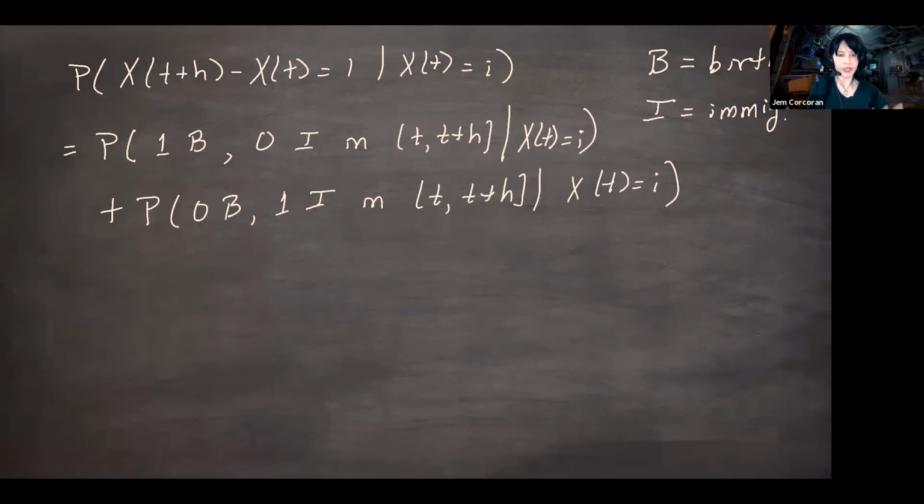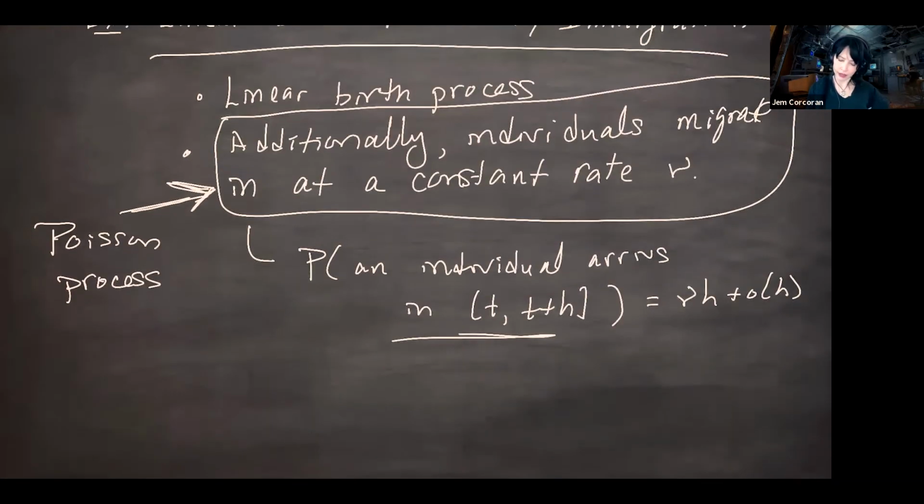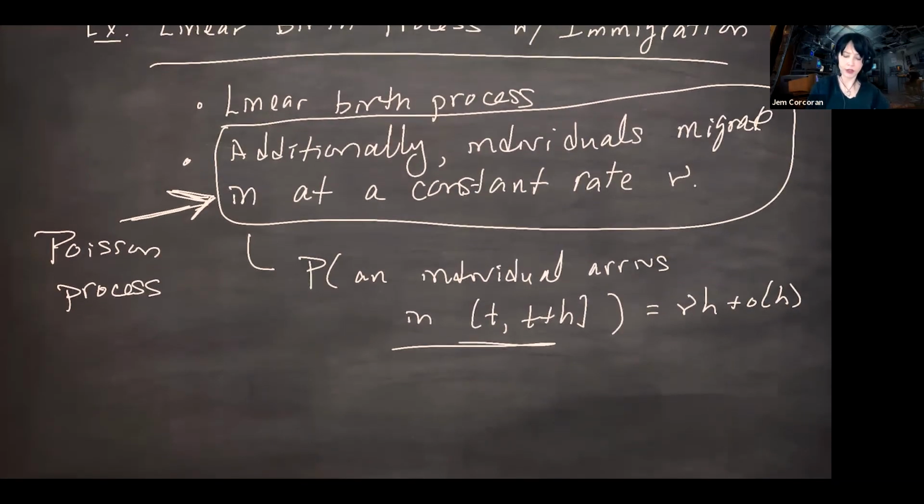These are disjoint events. That's why they got the addition between them. There should be a little o on the end, which takes care of all the other stuff that we're assuming can't happen. And then we have, oh, did I write that? I didn't write this, so this is super important. The immigration process.